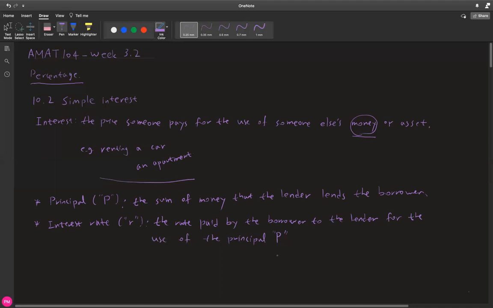And there's another thing that you have to talk about, which is that it is for a specific unit of time. Usually in this chapter, we're going to talk about a larger time frame, and a lot of the time it's in the unit of a year.